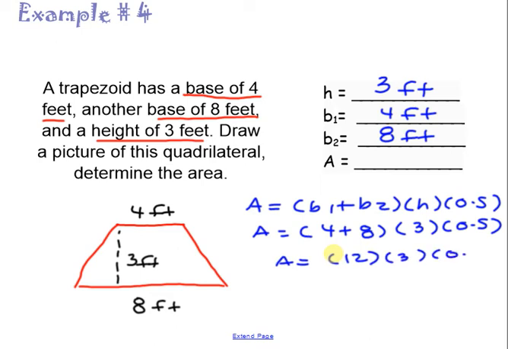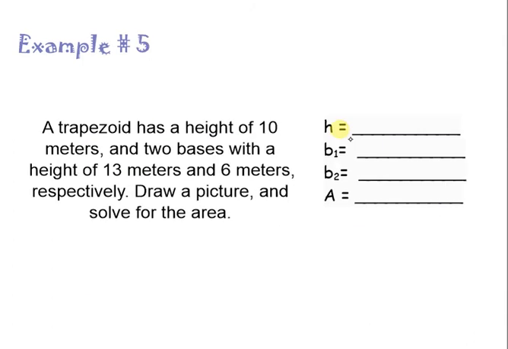Bring down the rest of the problem. And when you multiply all of that together, 12 times 3 times 0.5, you should get 18. So our final answer is that trapezoid is 18 feet squared in area. Okay? Let's try another one.